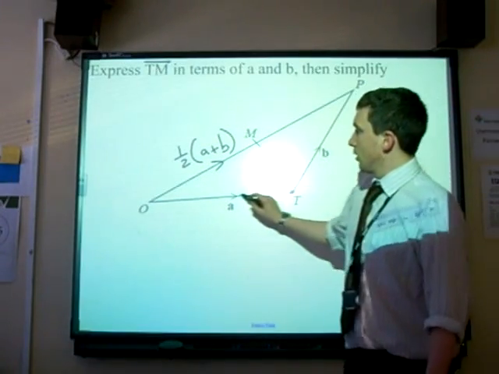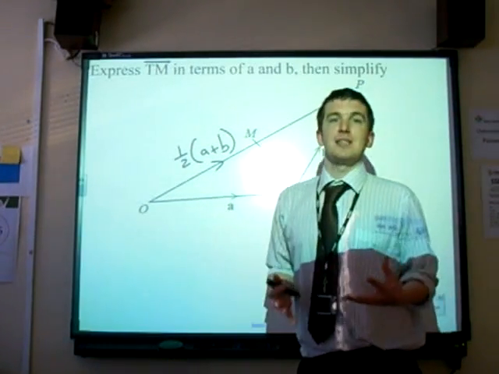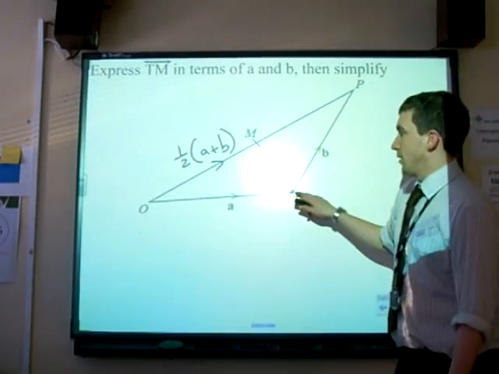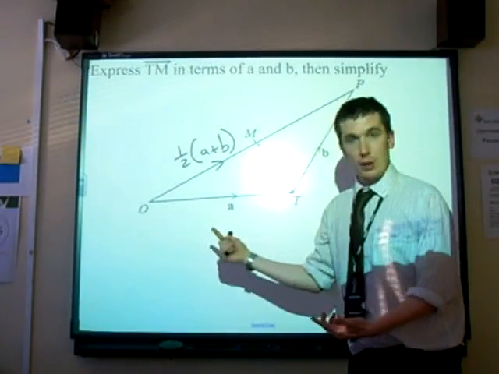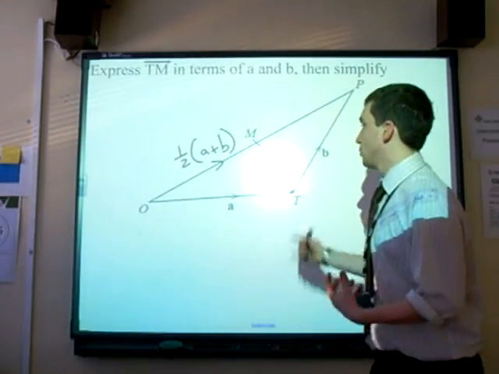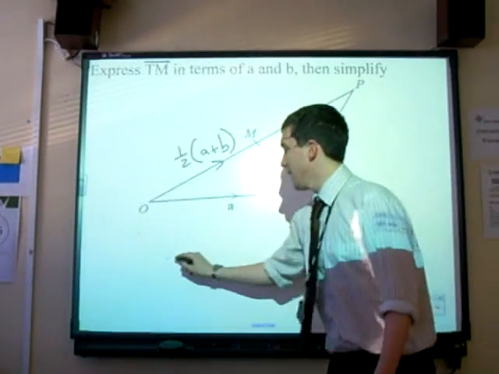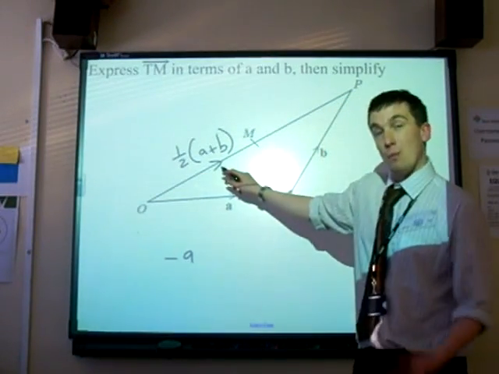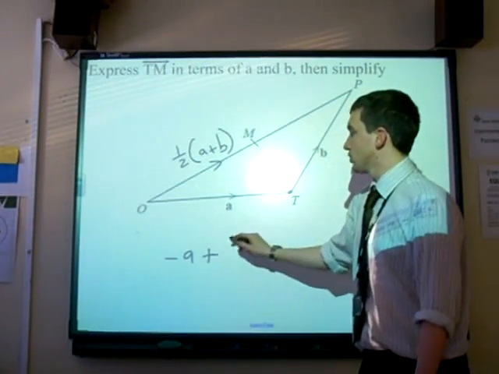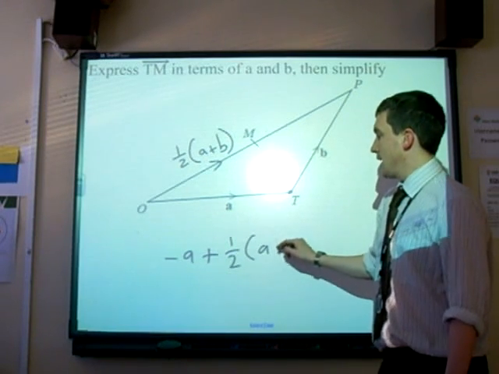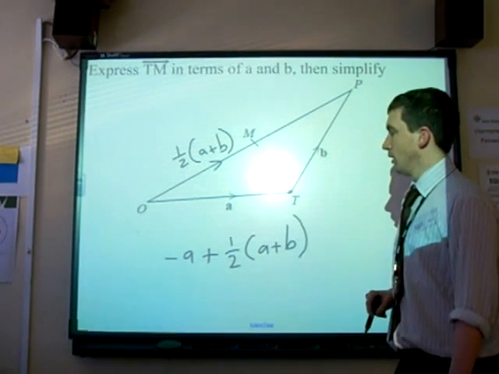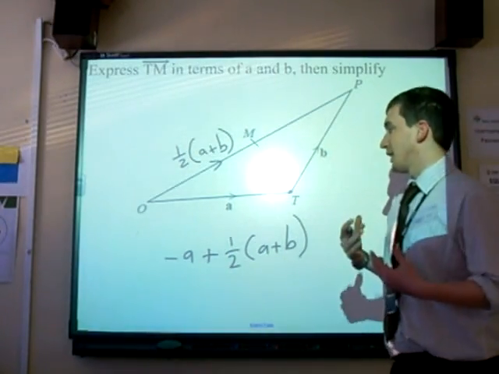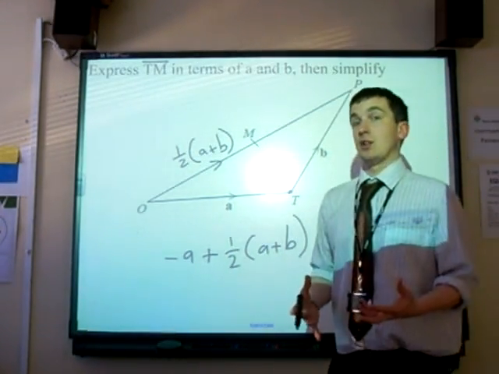So I can go against the traffic. The way I try and tell people is you're going against the traffic. So A would be this way, minus A would be going the other way because we're going against traffic. So I know to get from T to M, I need to go minus A, and then I need to go plus because I'm going with traffic again, so plus 1/2 A plus B. It might say simplify, in this case it does, so that's just a case of let's think outside the box a little bit.